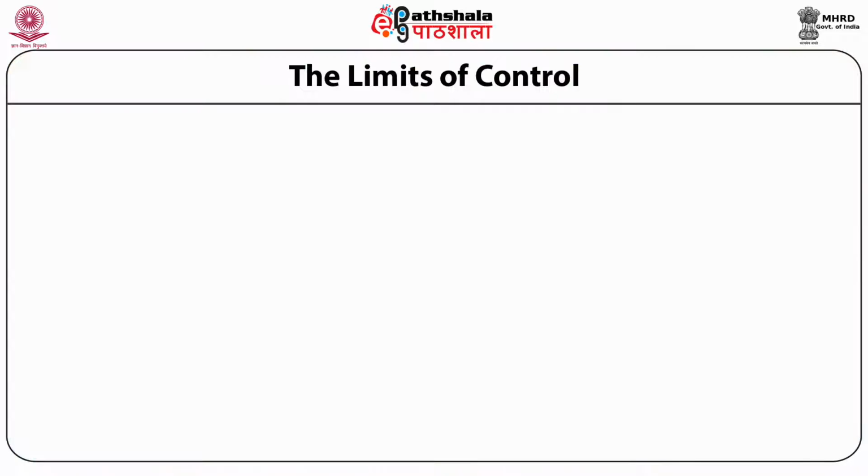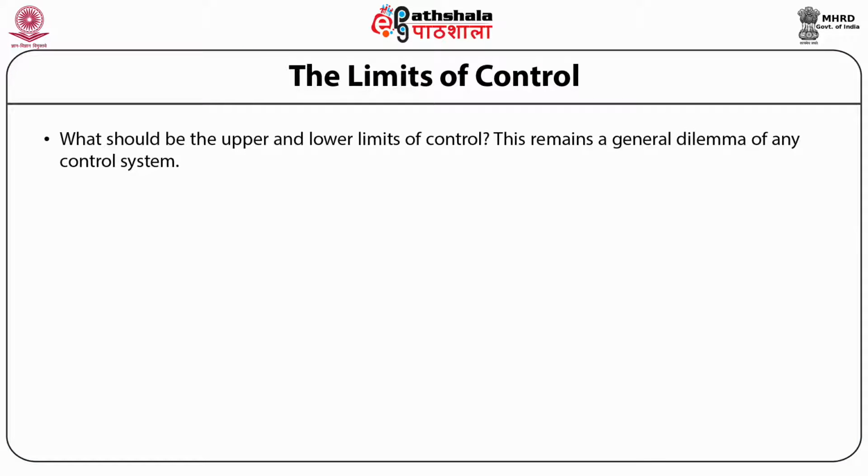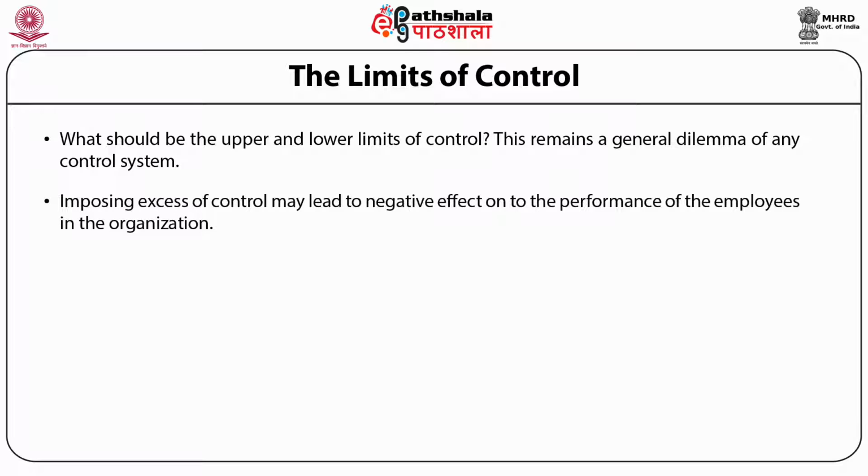The limits of control. What should be the upper and lower limit of control? This remains a general dilemma of any control system. Though it is not impossible, it is the toughest task undertaken by the strategist to determine the upper and lower limit of control. Imposing excessive control may lead to negative effects on the performance of the employees in the organization.